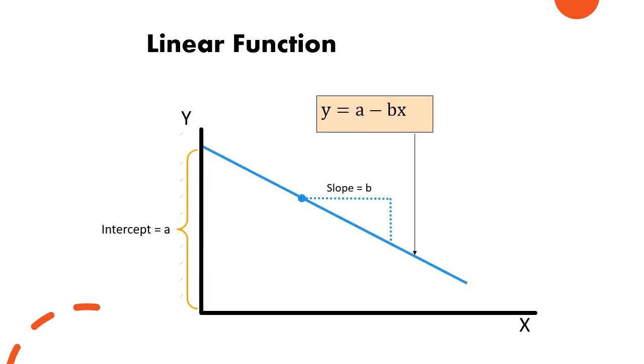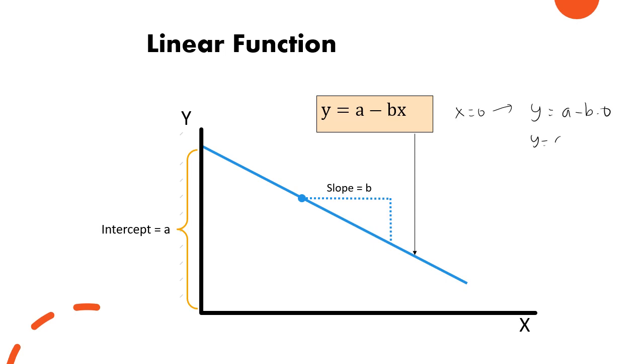Okay, now this is again the general linear function, and this is the slope, b, and a is the intercept, meaning that when x is 0, so if I fill x equal to 0, then y becomes a minus b times 0.